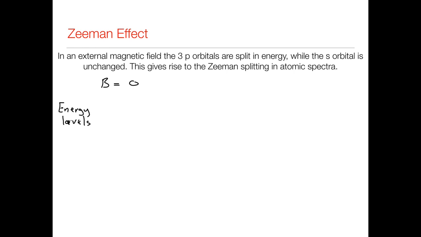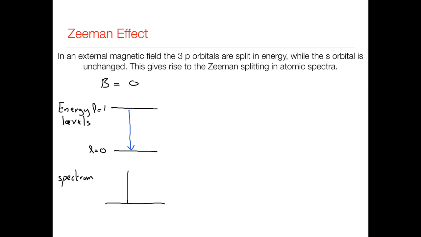In a multi-electron atom, the S levels and the P levels will be at different energies, and we would get something like this. Two different energy levels, and we could imagine an electron dropping down from one to the other, and that would give rise in a spectrum to a single line, where the energy of this line corresponds to this energy difference.